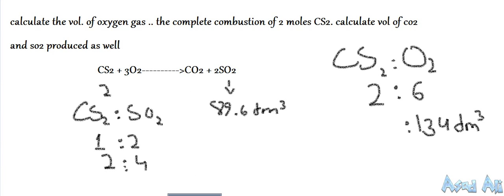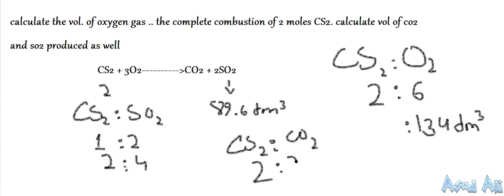Now we are left with CO2. Compare CS2 with CO2, and that ratio is the same. So we can say that 2 mole of CS2 will give 2 mole of CO2, and that will be equal to 44.818 decimeter cube.